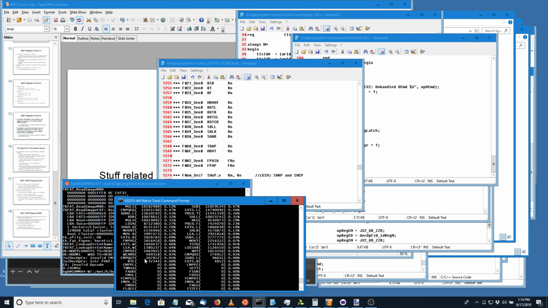And it just sort of goes down the list for ever less common operations until it's all the stuff that falls off the bottom. All the stuff with 0% is all the stuff that's not actually being used, at least for this program.